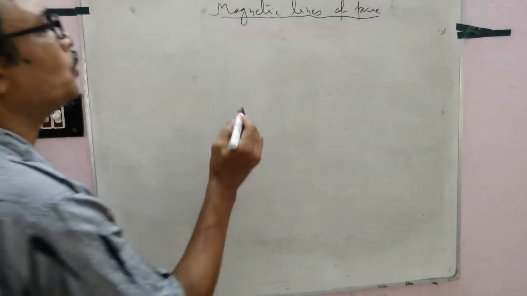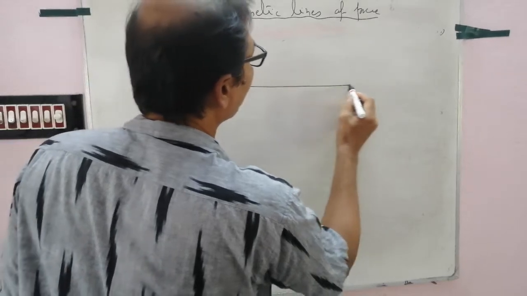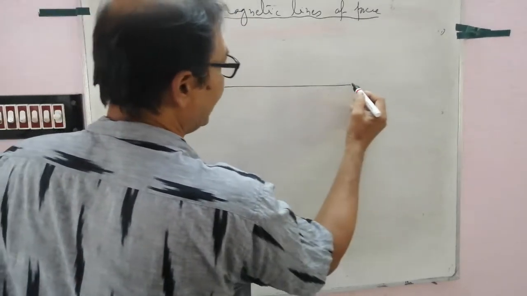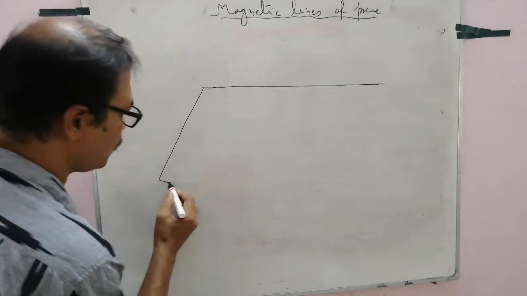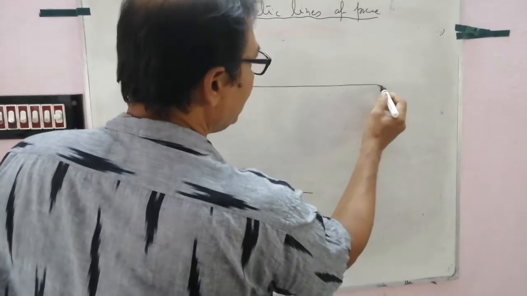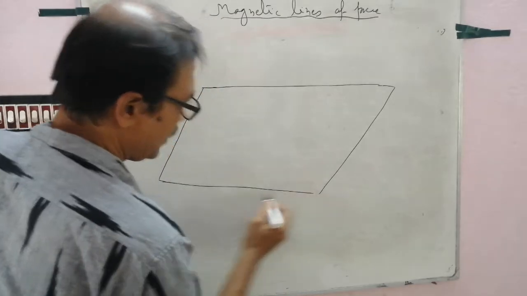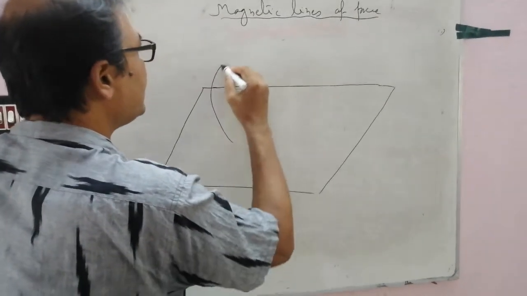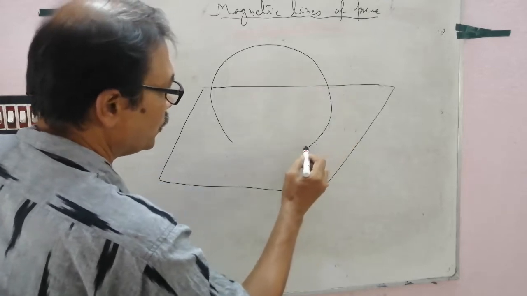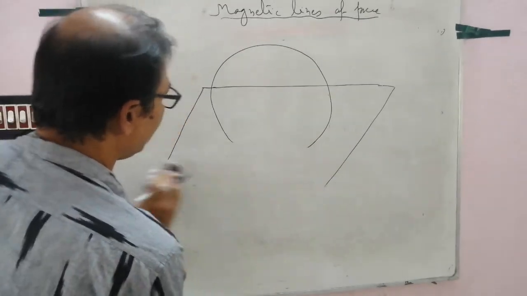Now for the circular loop, we know that the magnetic field due to a circular current carrying loop at the center will be strong. This is a plain platform and this is a circular loop.